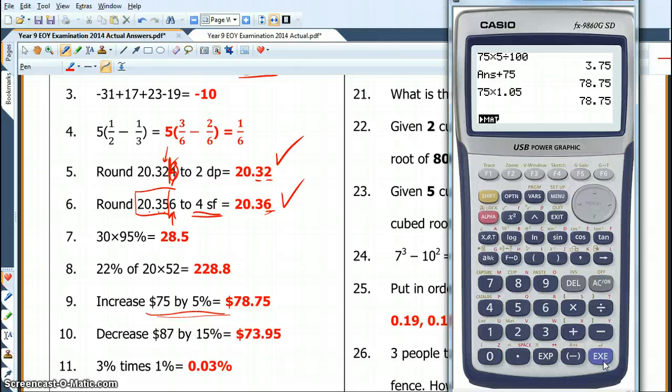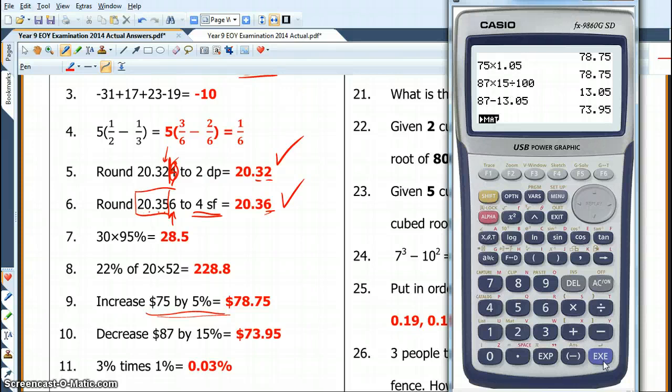Decrease 87 by 15%. I could go 87 times 15 out of 100, because that's what percent means, and I've got 13.05. And I could take my 87 and minus my 13.05 to get my 73.95.